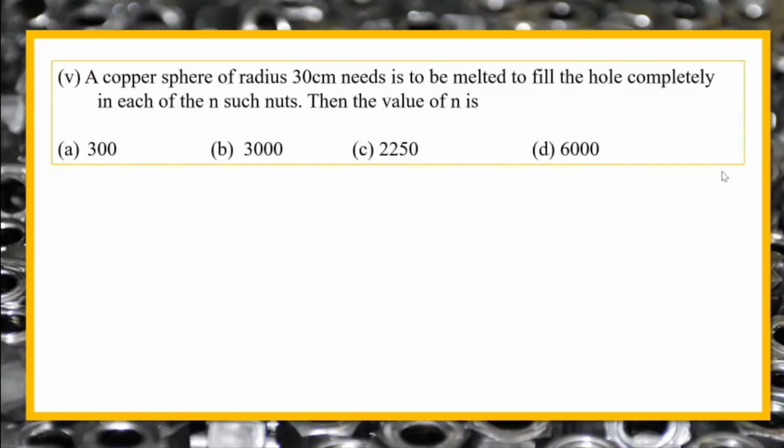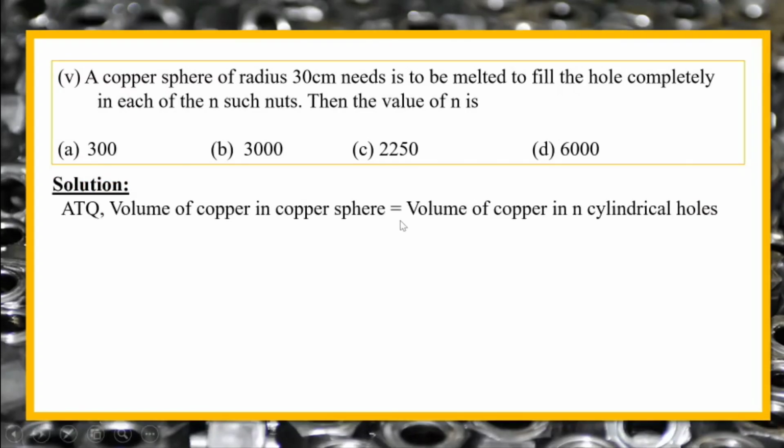The last part, fifth part: the copper sphere of radius 30 centimeter needs to be melted to fill the hole completely in each of the n such nuts. Now the value of n is, we have the options given to us. To calculate the value of n, I'll have to use the concept that the volume remains the same. So the volume of the copper in the copper sphere will be equal to volume of copper in the n cylindrical holes.